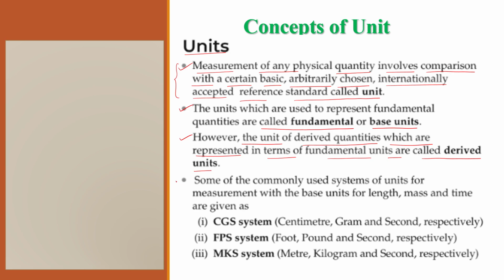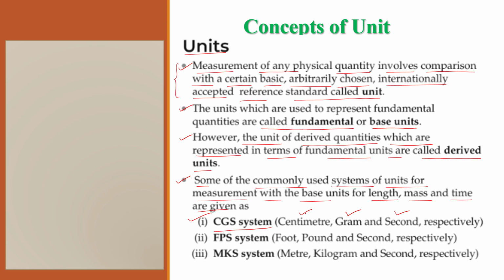Then some of the commonly used systems of units for measurement, with the base units for length, mass and time, are given. First one is CGS unit system, here C for centimeter, G for gram, S for second.